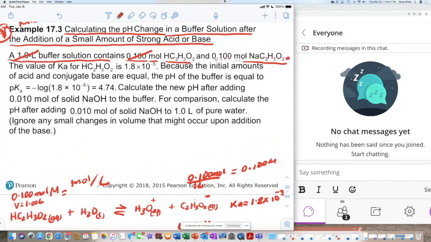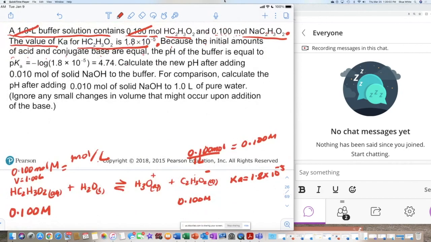So I'm right here now. The value of Ka for this is 1.8 times 10 to the negative 5. Oh, I already have that. Because the initial amounts of the acid and conjugate base are equal, the pH of the buffer is equal to pKa, negative log of 1.8 times 10 to the negative 5, equal 4.78.